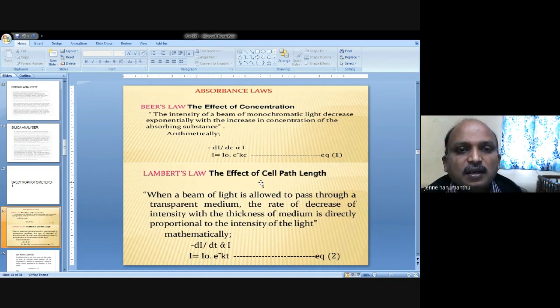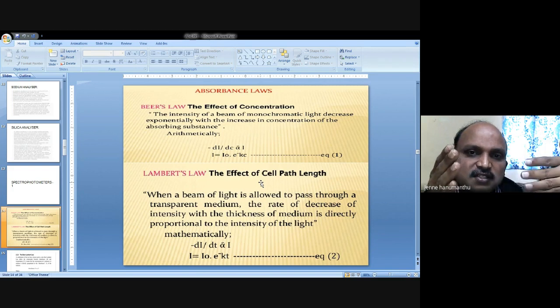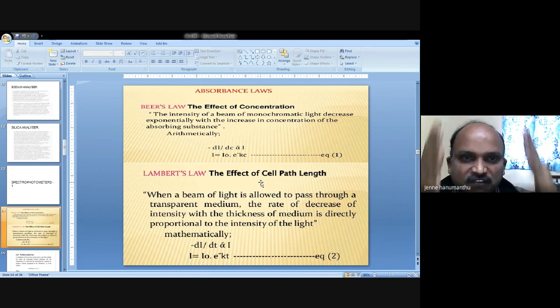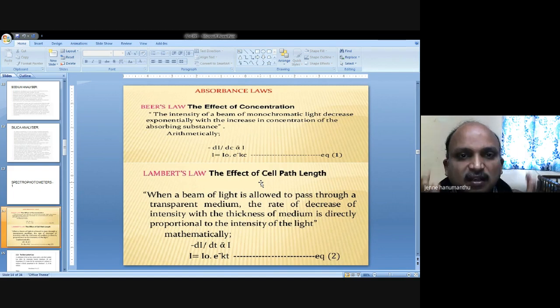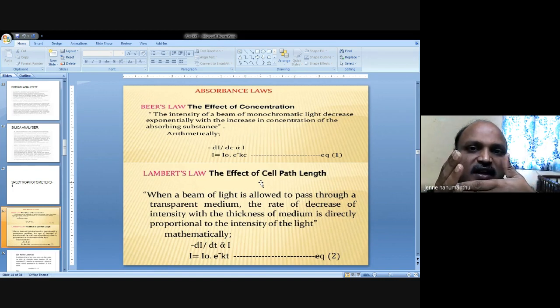And remember, we have two more parameters here. When the light falls on the sample container, if it has a rough surface, some of the light is reflected. It's not a problem, we can overcome it.